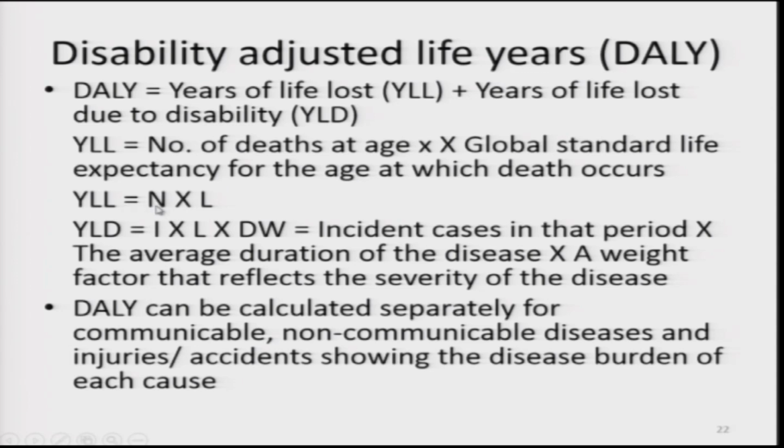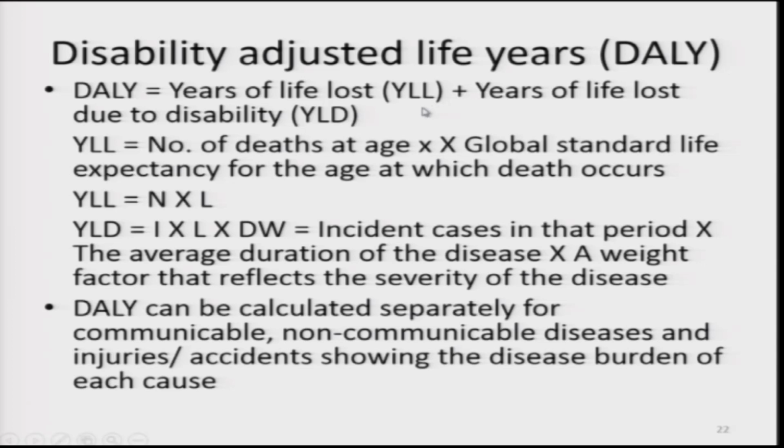And years of life lost is simply number of deaths at age x into global standard life expectancy at that age. You know, it is like that, suppose a person dies at age 15 and life expectancy at 15 is 65, then 15 multiplied by 65, this is the number of years lost due to death, years of life lost due to death.